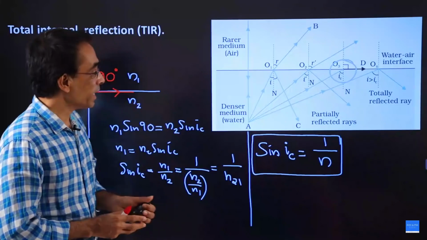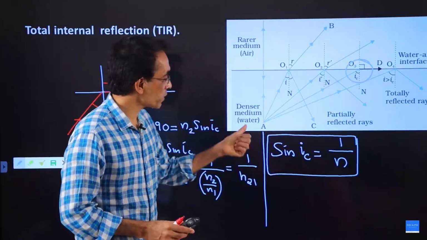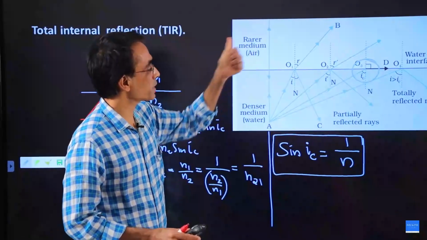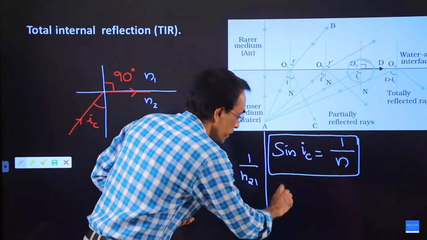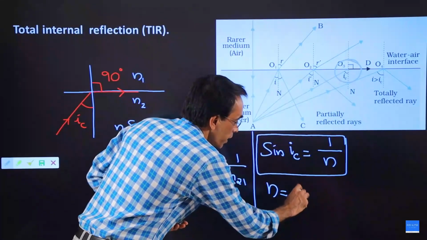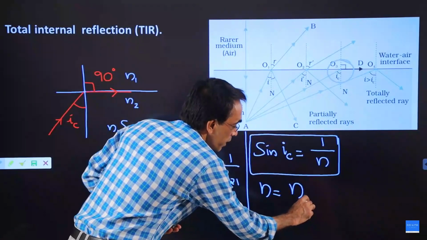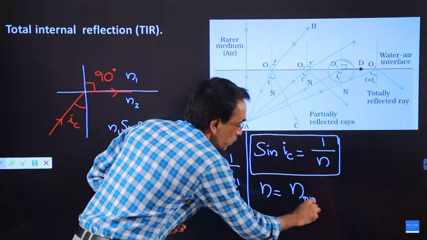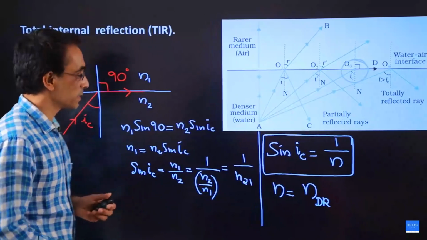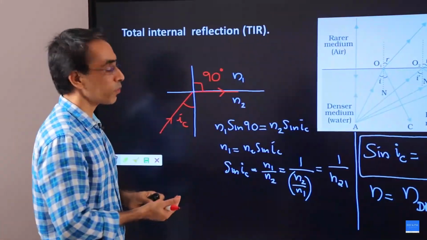And what is n? n is the refractive index of the denser medium with respect to the rarer medium. That means n is nothing but the refractive index of the denser medium with respect to the rarer medium. This is it. So I gave you an expression for critical angle.